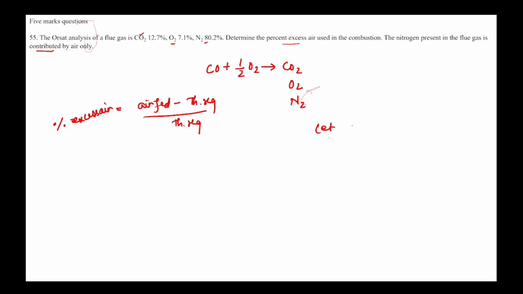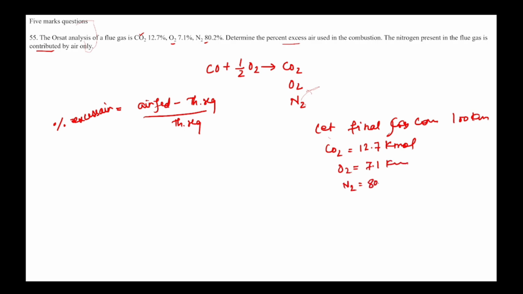Let the final gas composition be 100 kilomole. Then the quantity of CO2 will be 12.7 kilomole, O2 will be 7.1 kilomole, N2 will be 80.2 kilomole.